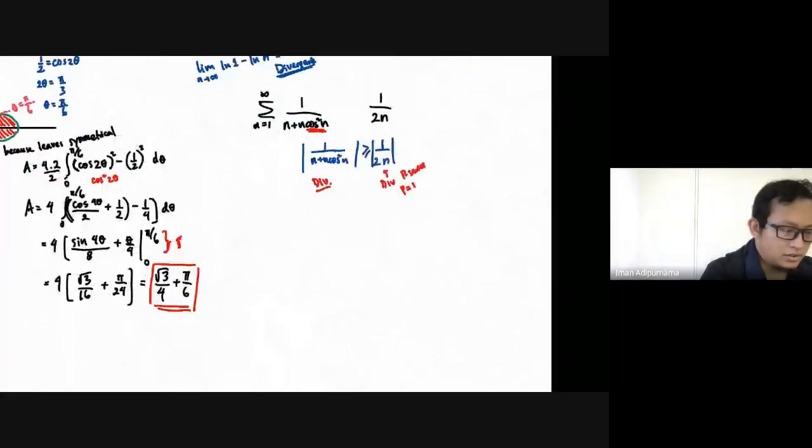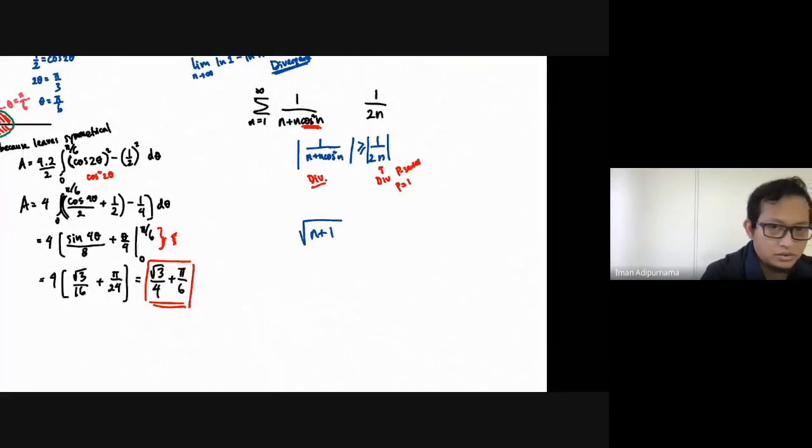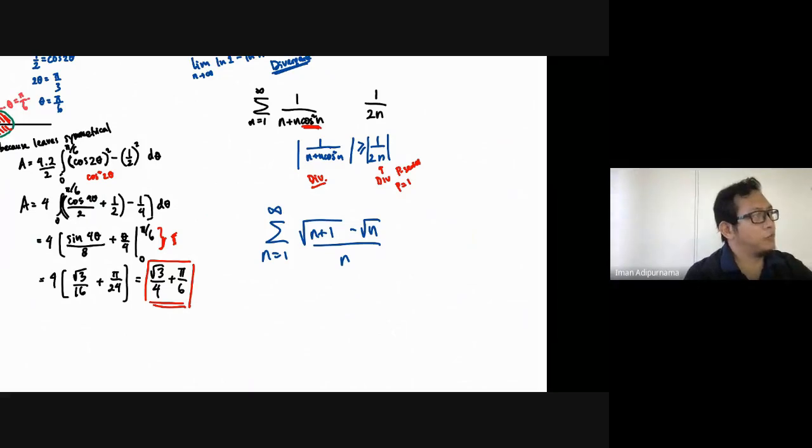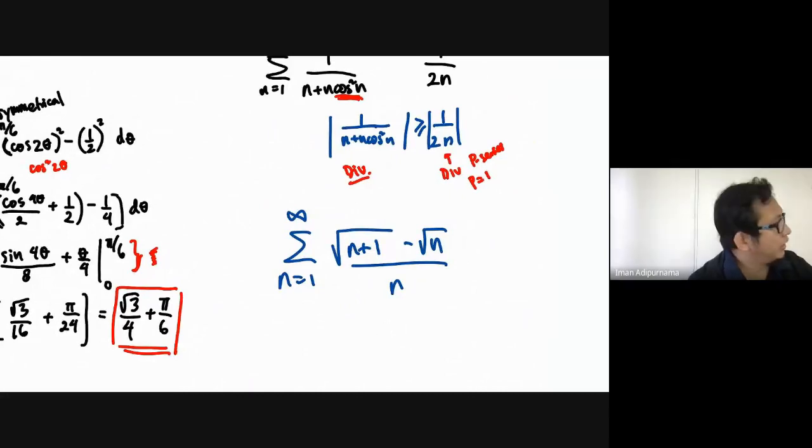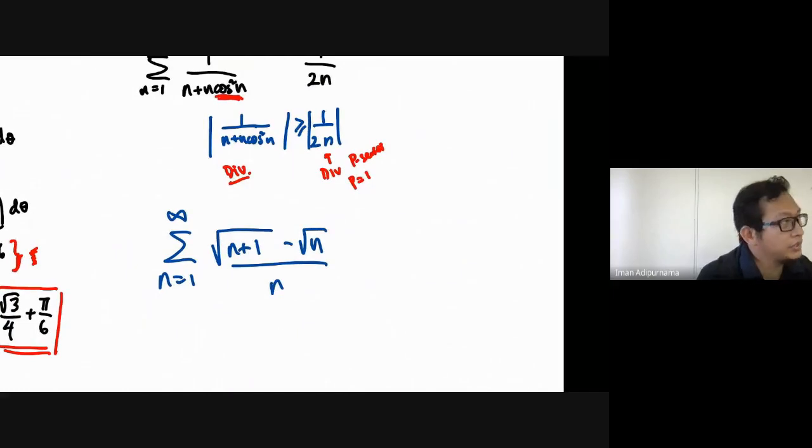The last one, D, okay? Let's check D. Is it converged or diverged for D? Okay, I think it's similar to what we have done last week. So if you have a square root in your fractions, the first thing you need to do is arrange the form.